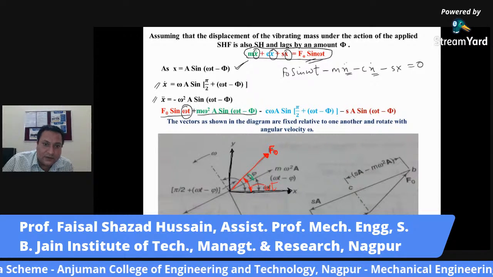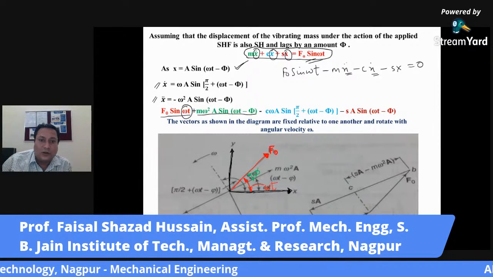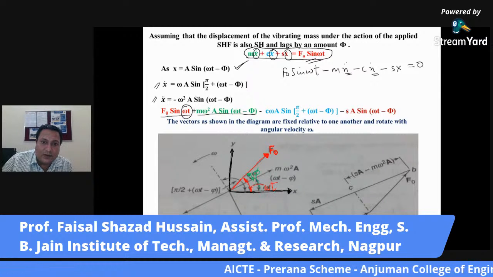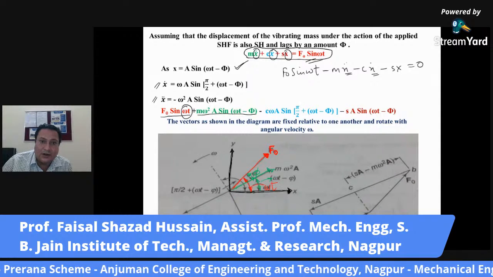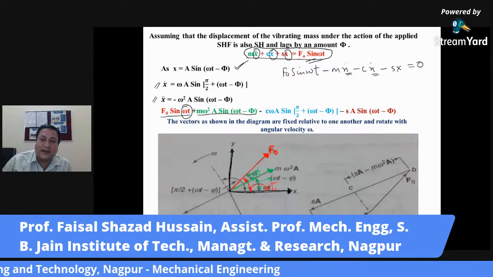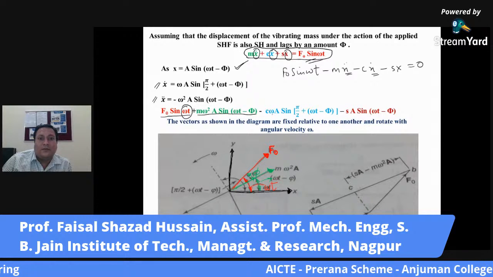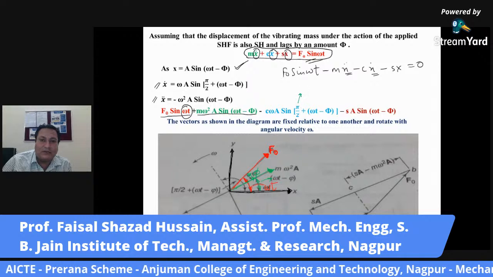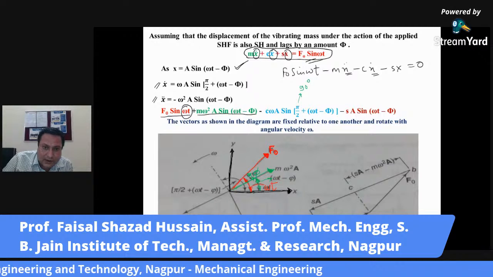This phase lag is phi, so if this is omega t, and this is phi, this angle will be omega t minus phi, and here this will be your m omega square into A. This is your maximum inertia force. Now after that, minus c omega A, this is your damping force, and it is at an angle of pi by 2, which means 90 degrees, plus omega t minus phi. So this is omega t minus phi.